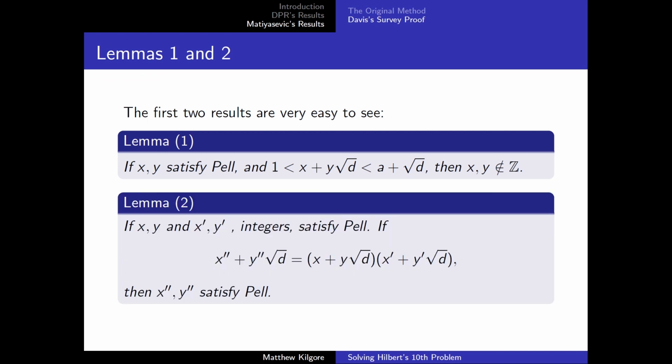Lemma 2 similarly states that if x, y and x prime, y prime are integral solutions of Pell, and x double prime plus y double prime root d equals (x plus y root d) times (x prime plus y prime root d), then these x double prime and y double prime satisfy Pell as well.